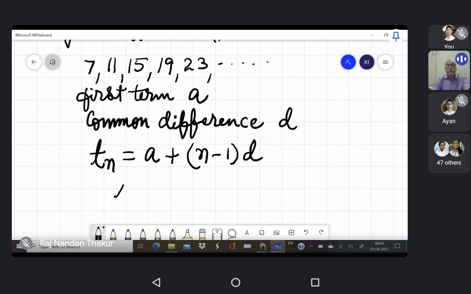If we find T5, what does it mean when we write T5? Fifth term. Tn means nth term.